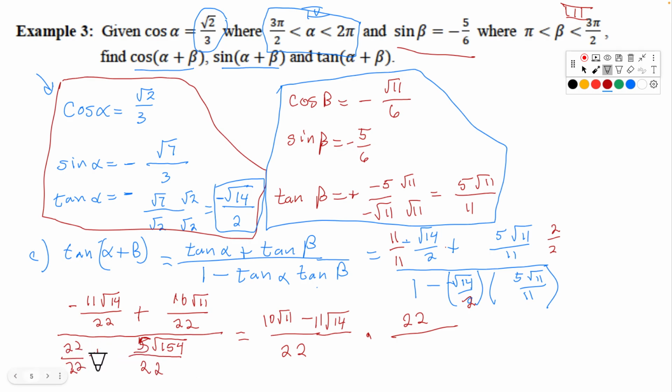And then the numerator should be 22 plus 5 square root of 154. Okay, so I kind of did 2 steps there where I calculated what the fraction should be, but I flipped it so that I can just turn it into multiplication. Does that make sense, what I did?